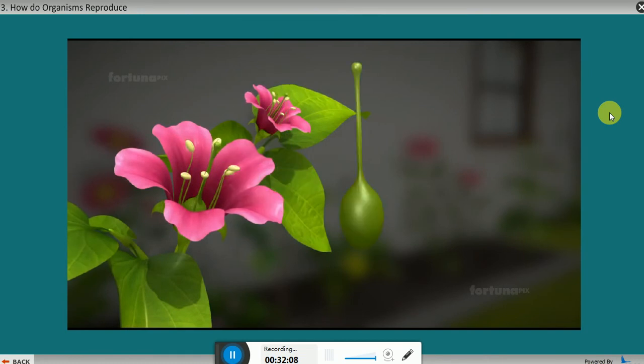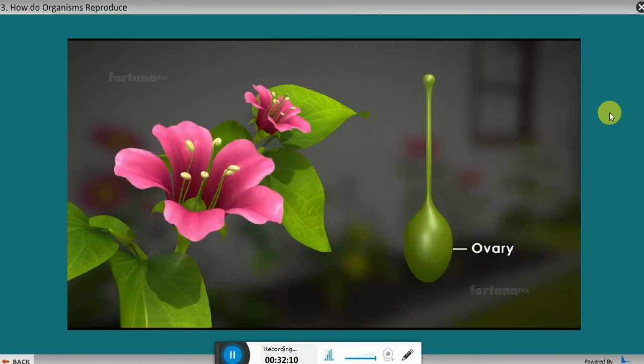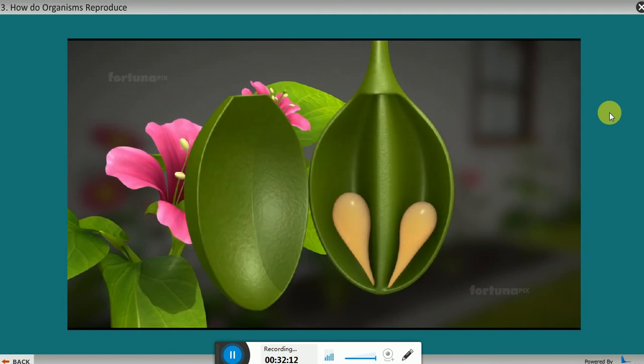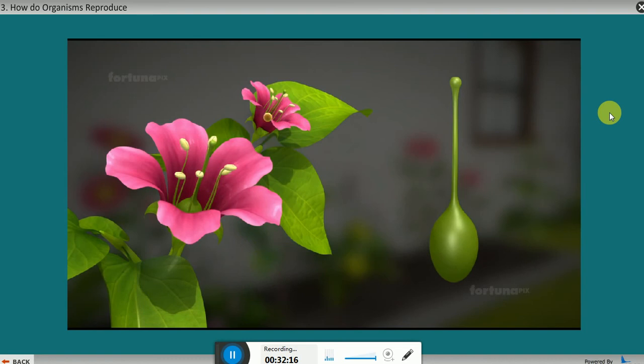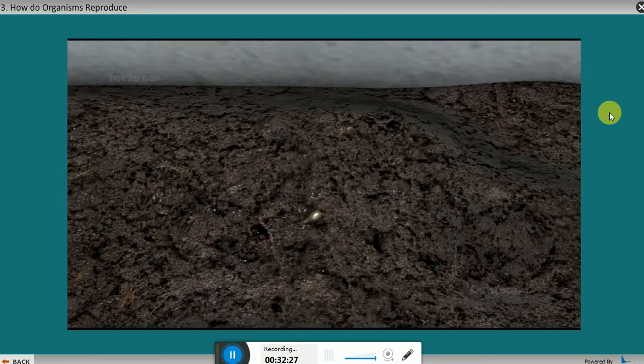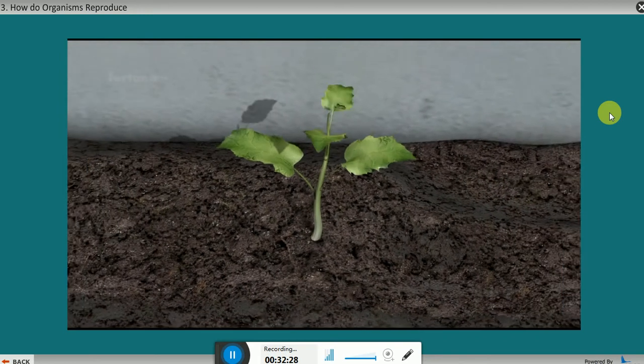The female reproductive part is the ovary, with the female gametes, which are called ovules. In flowering plants, the male pollen and female ovule will unite to produce a zygote, which will eventually form the seed that will develop into a plant.